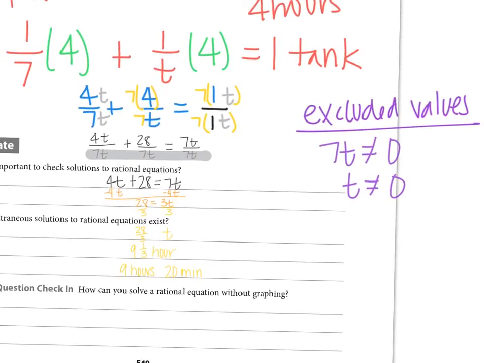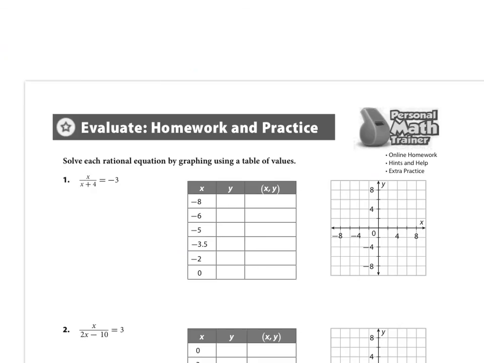Lucky for us, the time we calculated for Laura was 9 hours and 20 minutes, which is not 0, so her time to clean the entire tank is in fact 9 hours and 20 minutes.